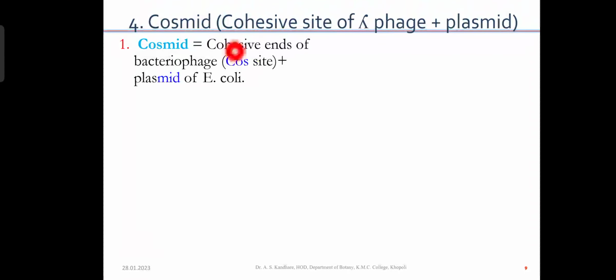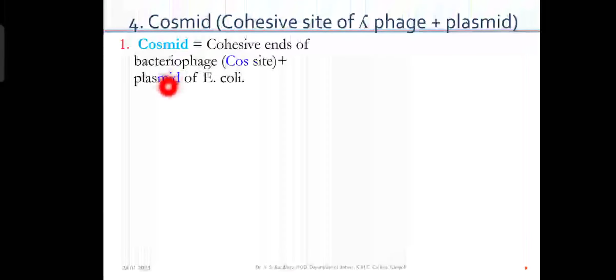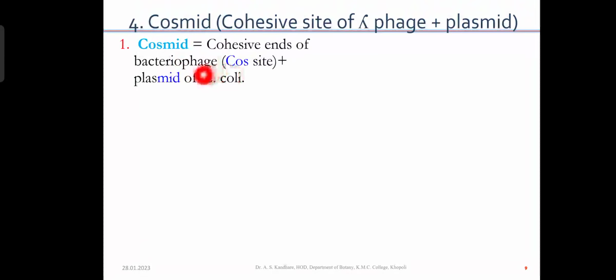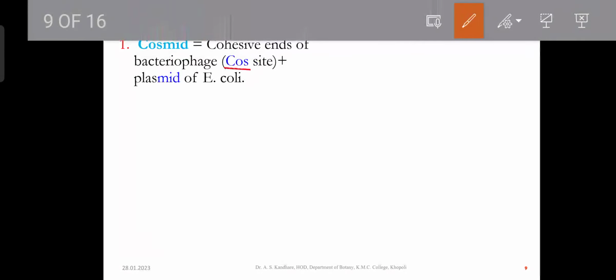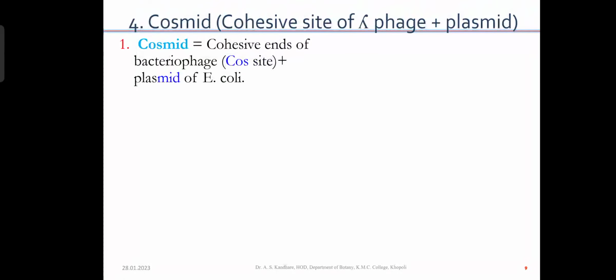Here I have shown you the cohesive ends of bacteriophage, that is the cos site, plus the plasmid of E. coli. So here you can see this cos site is coming from a virus, that is lambda, and is combined and integrated with the plasmid of E. coli. So cos and mid becomes cosmid. Right. So this is the important thing: cos site and plasmid becomes cosmid. So it is a hybrid vector.